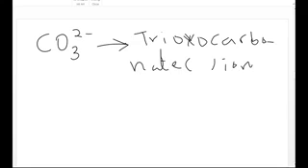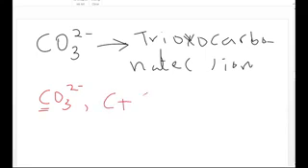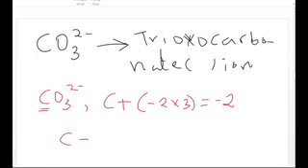We need to calculate the oxidation number of carbon also, like we did in the first one. This is CO3 2 negative. You are looking for the oxidation number of carbon. So we say this is carbon plus the charge on oxygen, negative 2, multiplied by 3. So everything is equal to what? Minus 2. So carbon plus minus 6 will be equal to minus 2.